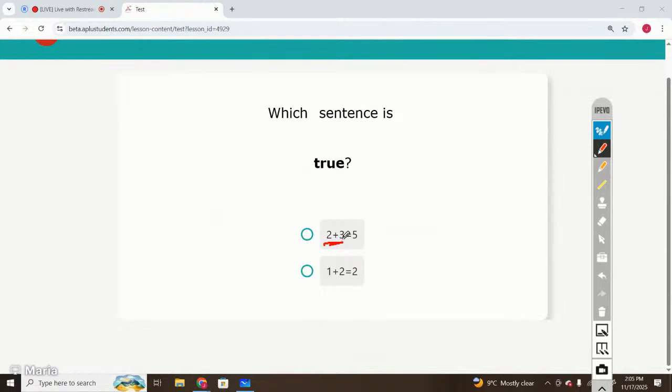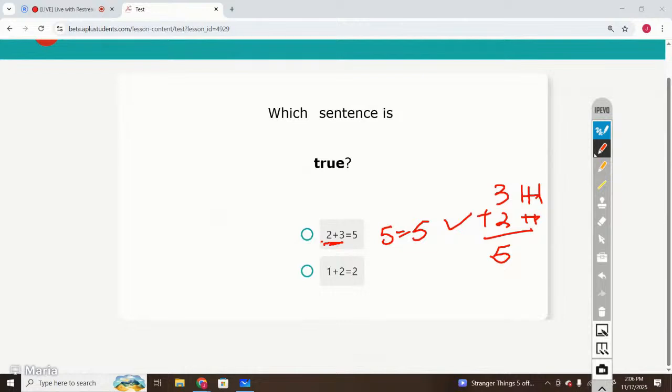So start adding 3 and 2. 3 plus 2. 1, 2, 3 and 1, 2. Now count them together. 1, 2, 3, 4, 5. So 3 plus 2 makes 5. So this side you have 5, and 5 is equal to 5. So that is the correct one because the sum of 2 plus 3 is 5 and on the other side you are also given 5.